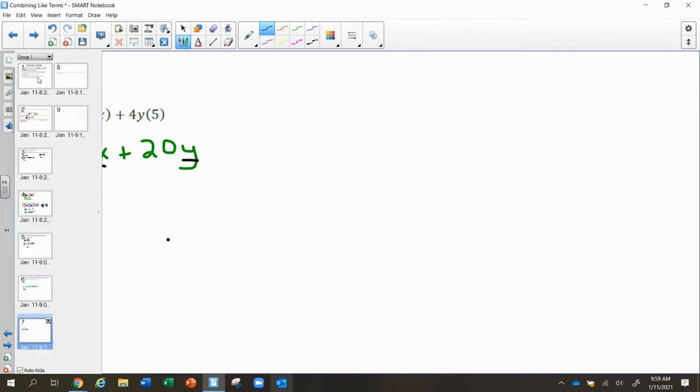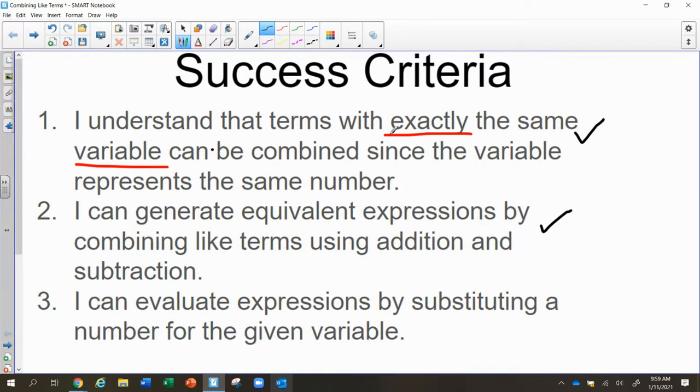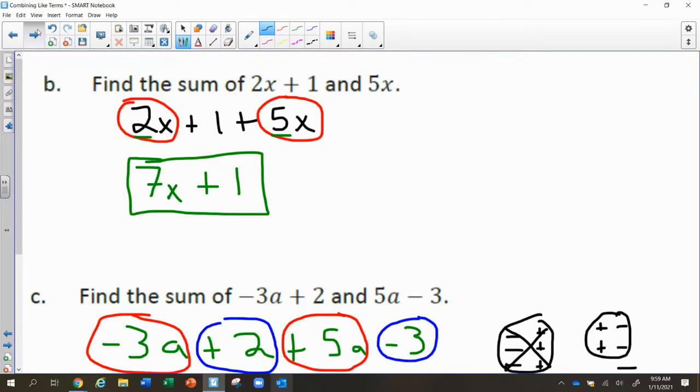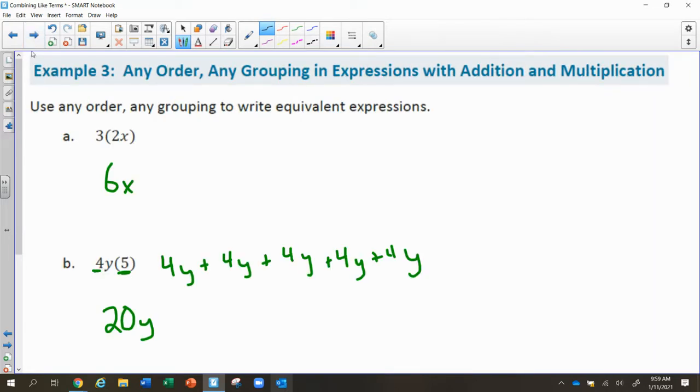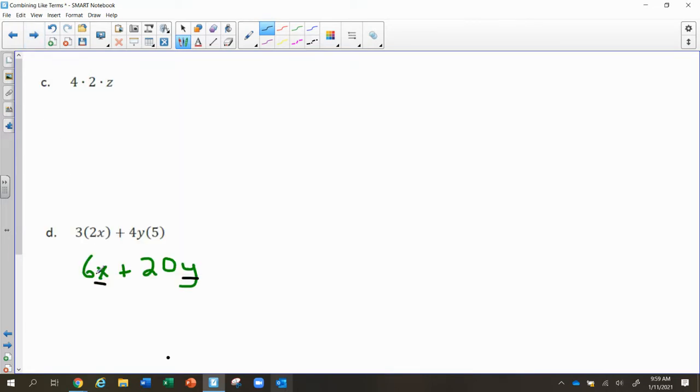Remember, going back to that first slide, terms with exactly the same variable. Is x the same as y? No. So I can only combine the x's and the y's separately. So I cannot put those together.